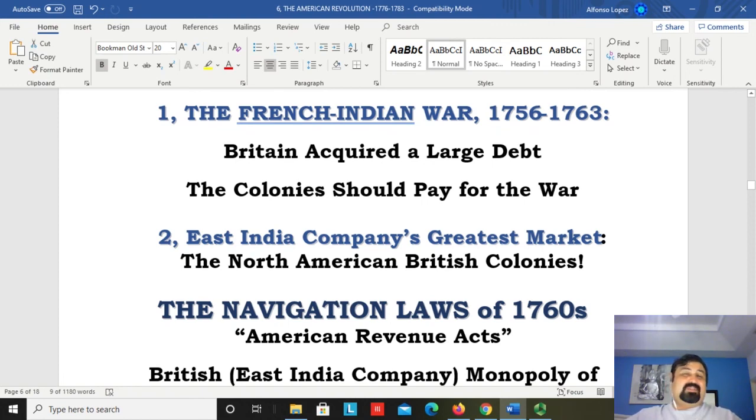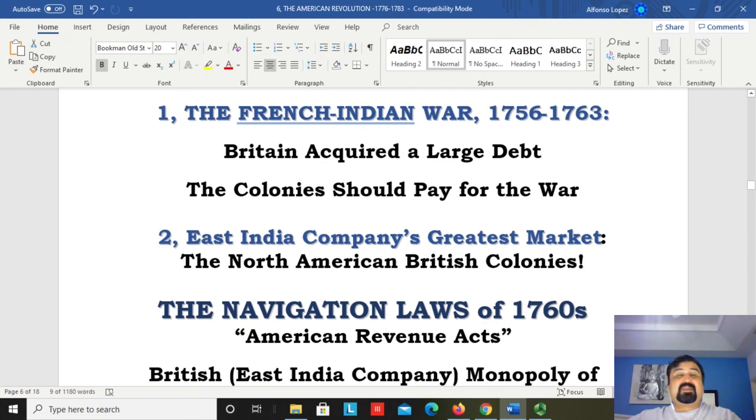The East India Company is by far the largest trading company of the British Empire, the most important, the most profitable. This is the one that was in control of the spice trade, the tea trade, and so on. This is the company that actually accomplished the colonization of India, by the way.